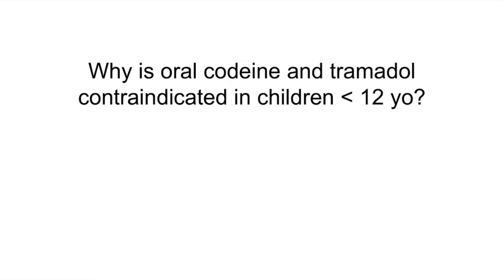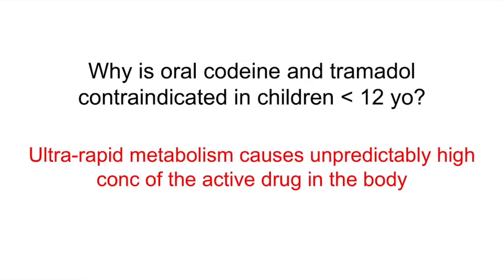Why is oral codeine and tramadol contraindicated in children less than 12 years old? Ultra-rapid metabolism causes unpredictably high concentration of the active drug in the body. So basically, let's say that you have a patient with sickle cell disease that has an acute pain crisis. And this patient is 8 years old, and you see codeine, tramadol, and hydrocodone in the answer choices.